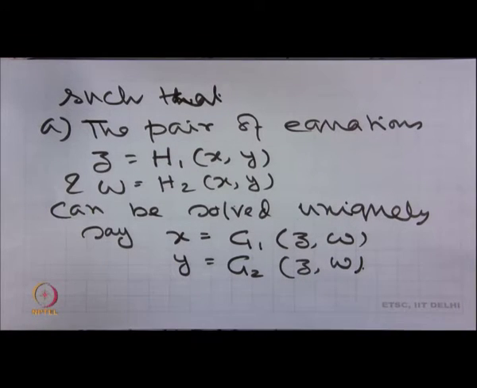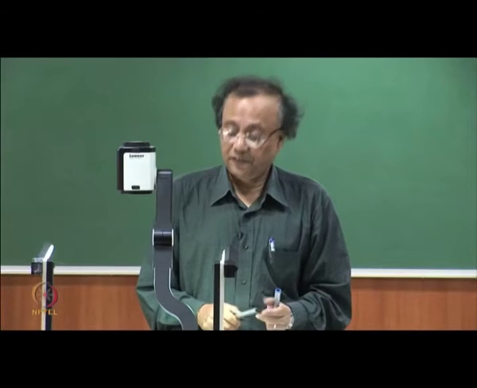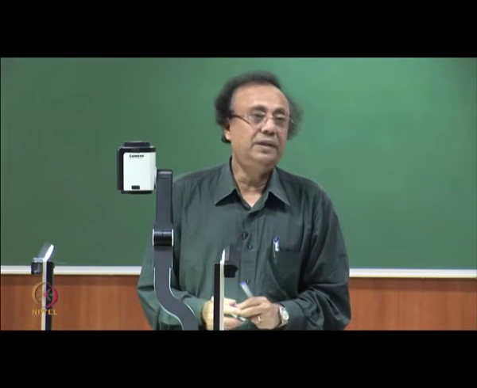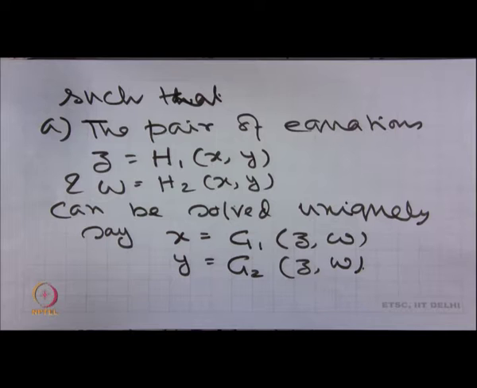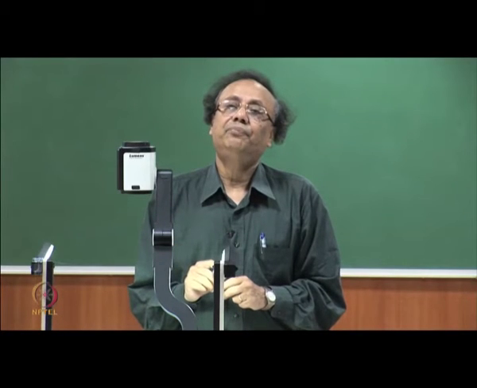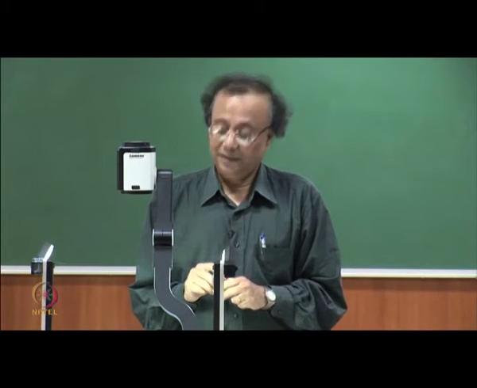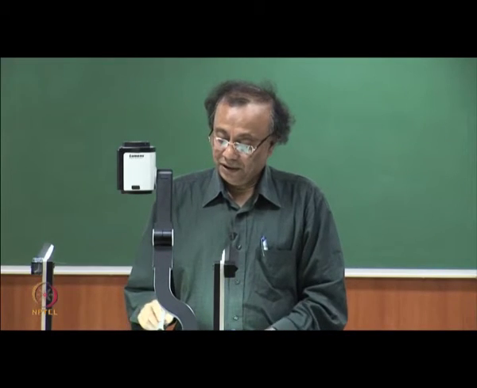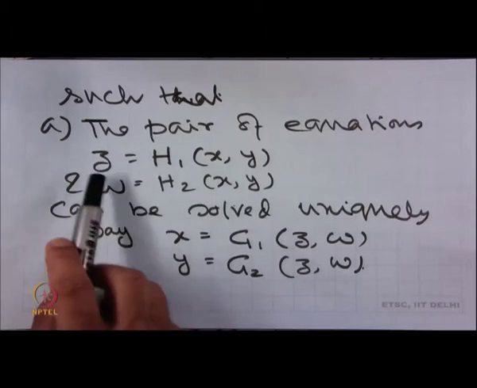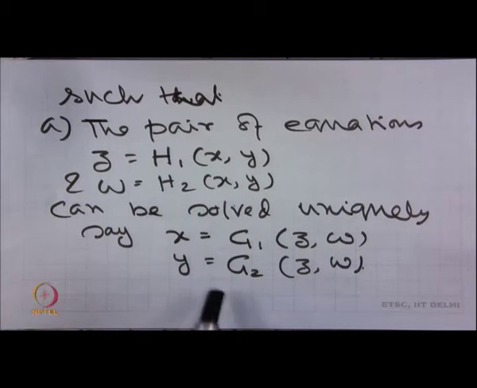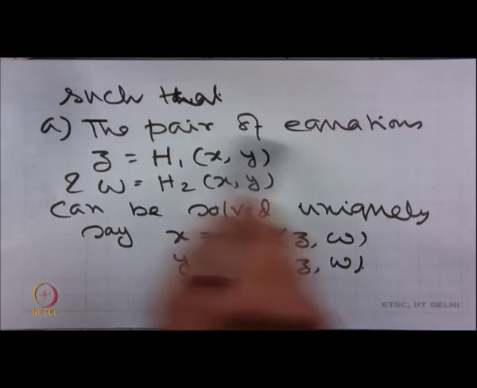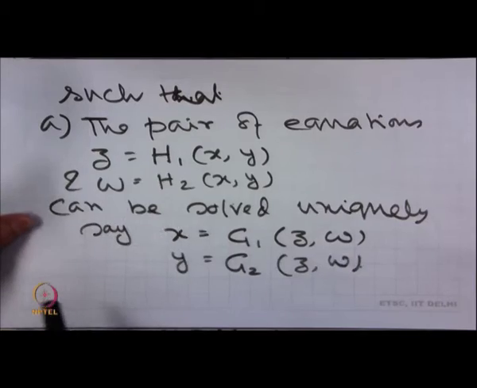So, you notice the similarity with when we are talking about function of a single random variable. We wanted the function to be monotonically increasing or decreasing, so that we can get the inverse uniquely. Similarly, given z and w, we want to obtain that from the value z and w we can identify the x and y uniquely. So, this condition ensures that.